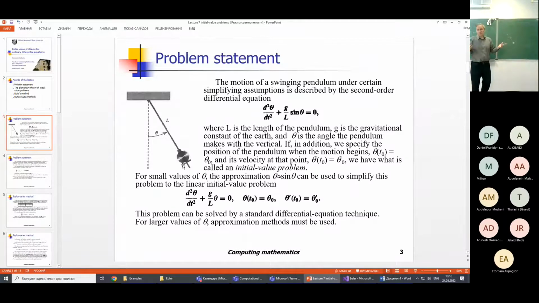And usually this angle is denoted by the Greek letter theta, and this theta corresponds to the angle between the pendulum and the vertical line.